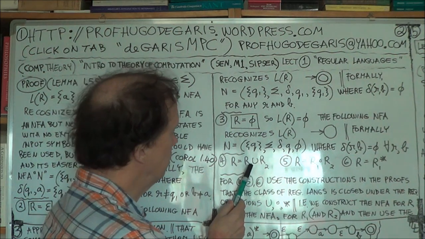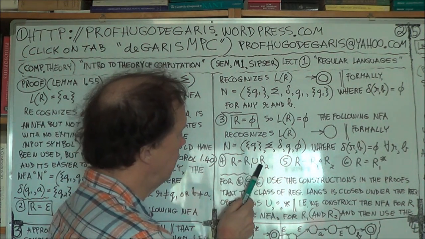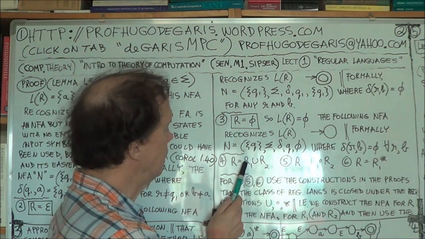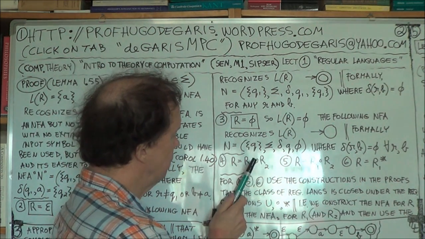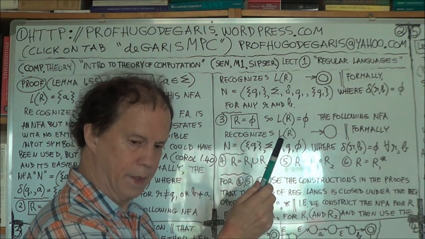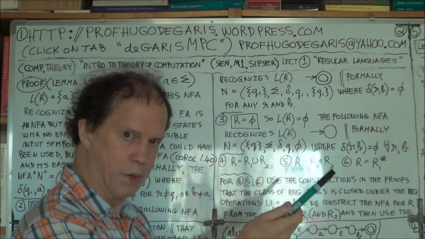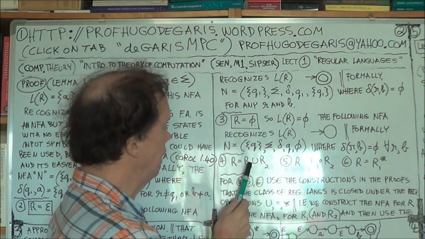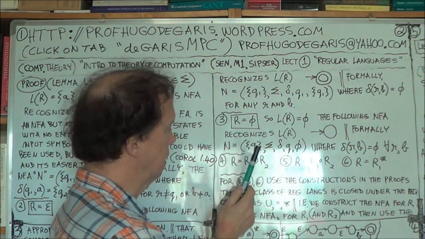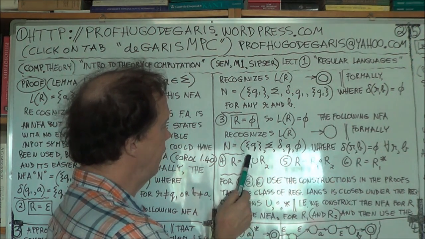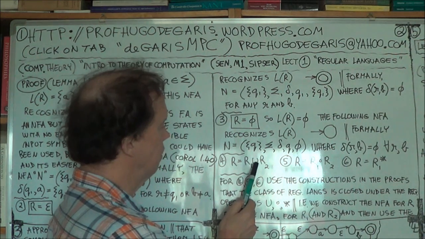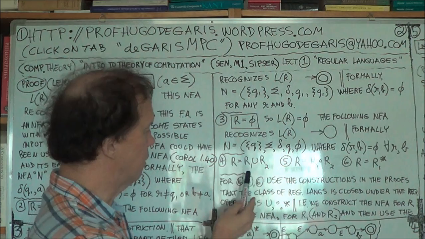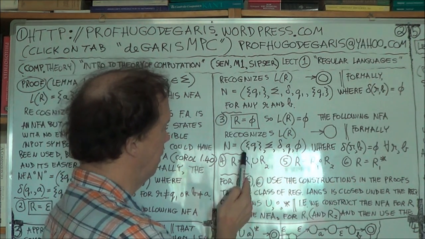So think in terms of the NFA of this one, the NFA of that one, the automatons, not regular expressions. Remember, regular expressions describe a language. So you have a language corresponding to that and a language corresponding to that. You have an NFA corresponding to that language.